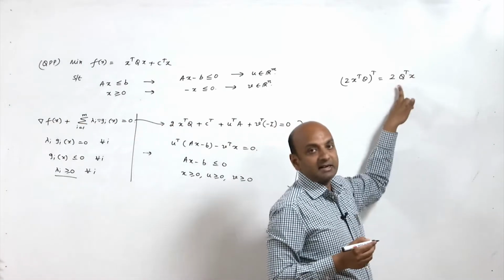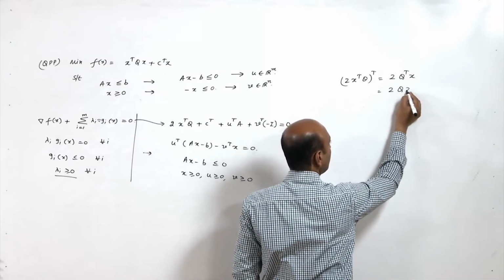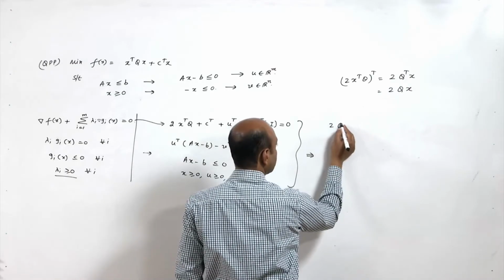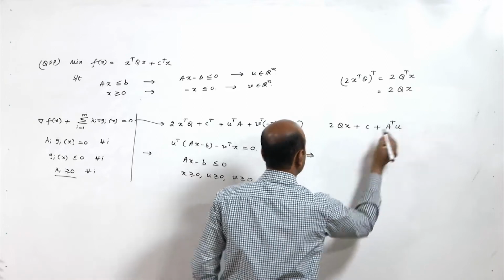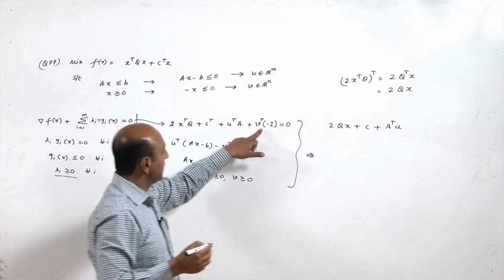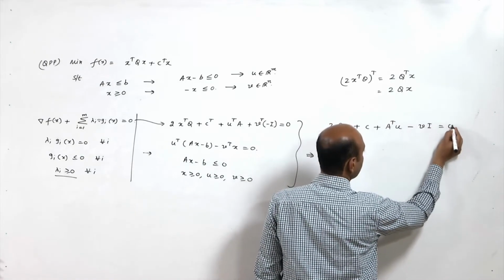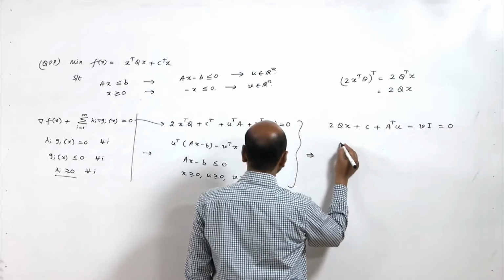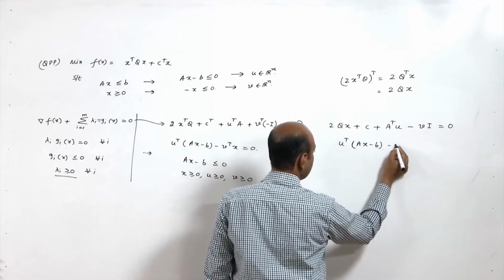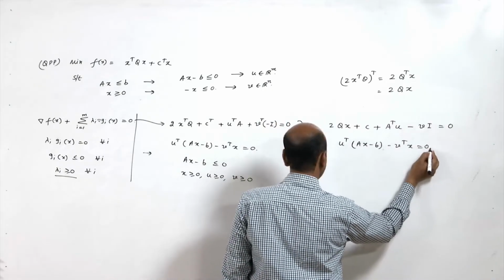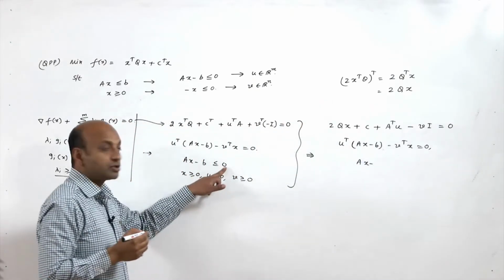Now q is a symmetric matrix, so q transpose is q itself, so it is 2qx. So it is 2qx plus c plus A transpose u, and the transpose of the last term is minus v into I, equal to 0. And you leave this constraint as it is, U transpose (Ax minus B) minus V transpose x equals 0. Now Ax minus B is less than or equal to 0.